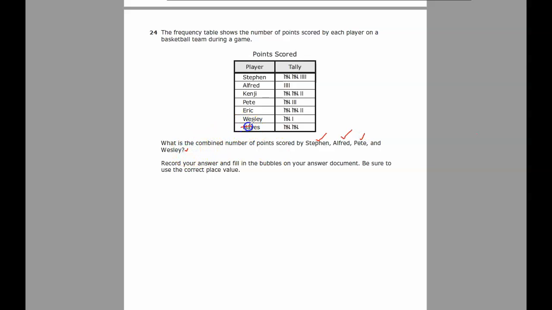So that means I don't need Hayes, I don't need Eric, I don't need Kenji. Remember guys, it's always good to get rid of ones you don't need. Be careful not to add all of these numbers because it's not asking for all of the points scored. It's asking for these 4 people.